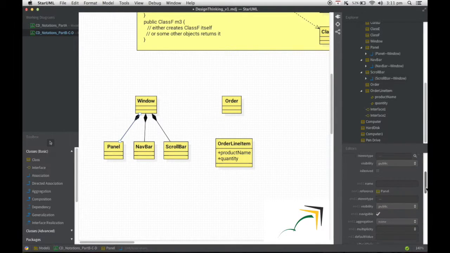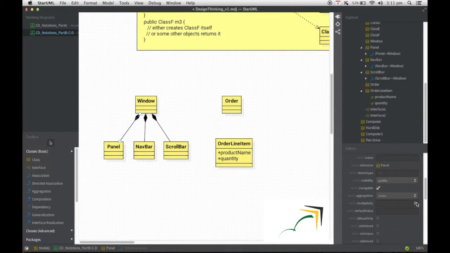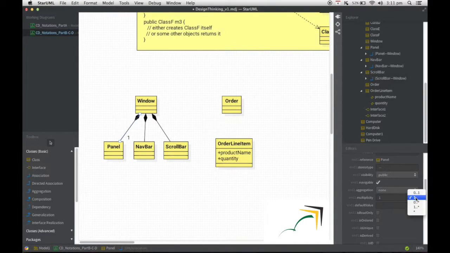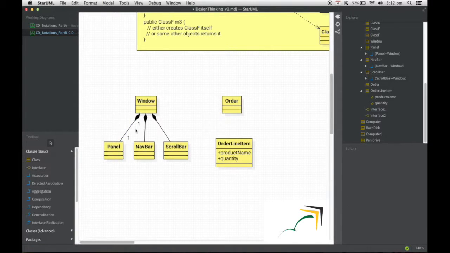The multiplicity on the whole side is always equal to 1. So this should read: a window consists of one particular panel. This is correct. I'm not going to draw it for the other three, but you should notice that the multiplicity on the whole side will always be equal to 1.